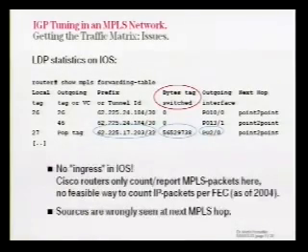And it turned out that this really only counts and reports the MPLS packets, so what Juniper calls transit. And so far we have no feasible way of counting the IP packets per FEC and reading them in a feasible manner, at least as of now.